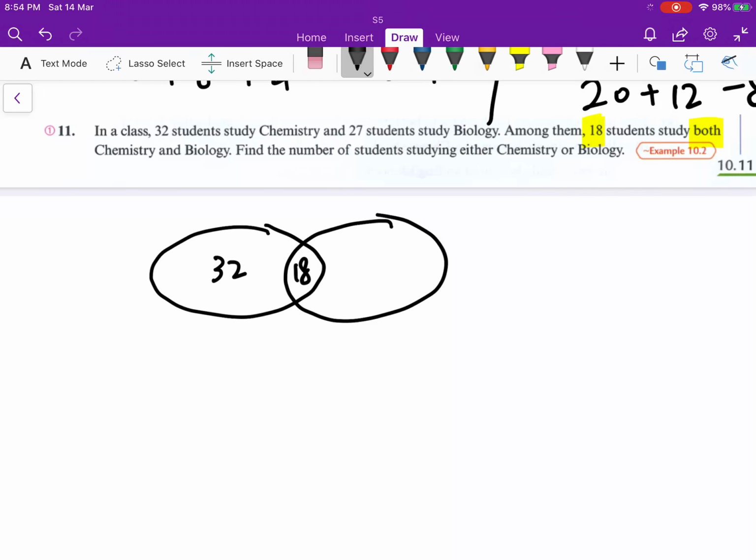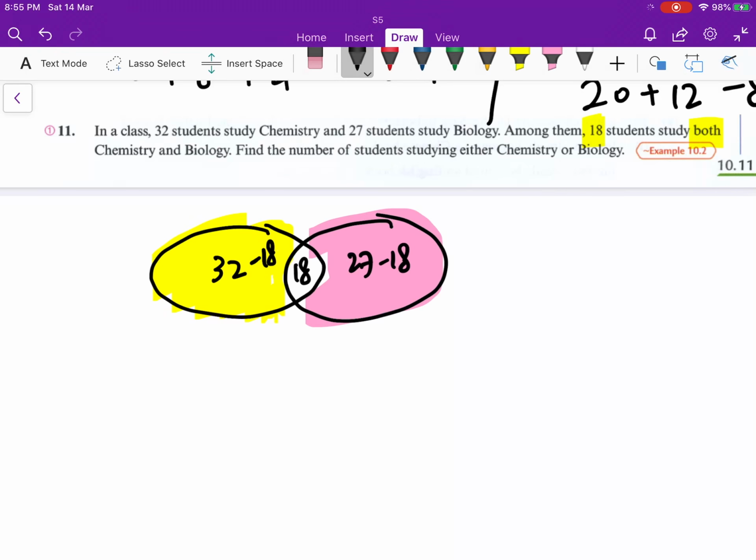So remember, if we are just talking about this part only, it's not 32. It should be 32 minus 18 because you need to deduct the 18, okay? Biology is the same. If we are just talking about this part, it should be 27 minus 18.